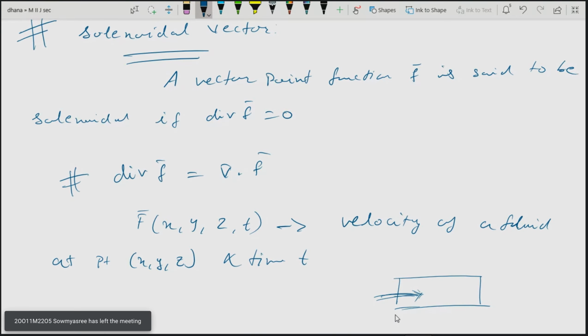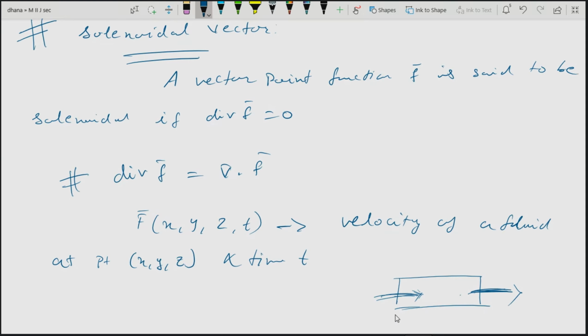Once it gets inside this box, when it pours out, you are interested in finding that rate. It emerges out, you can say. So divergence of F bar measures the outward flow, or the expansion of the fluid from that point at any time.